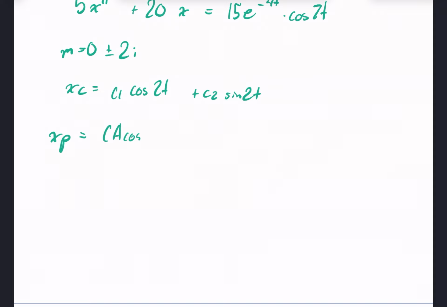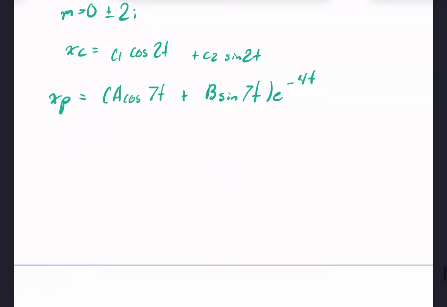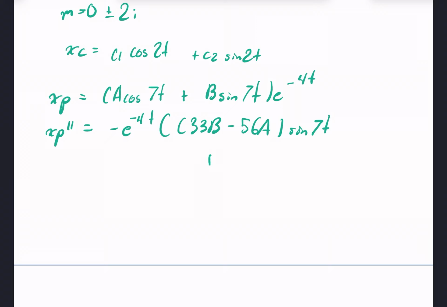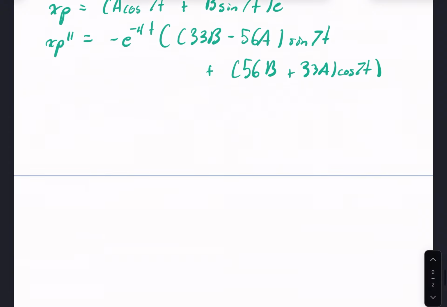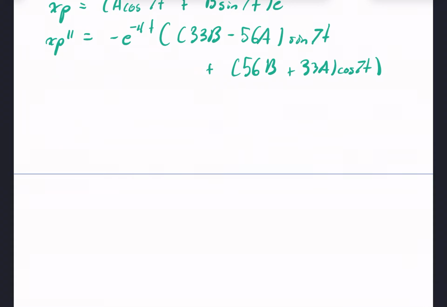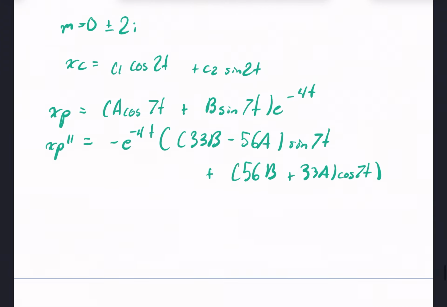Please know that I tried to do this by hand a few times, and it's just so annoying, and it's not worthy of your time, at least right now, for the sake of the video. And so this is what you'll get after you put this into some software, and I'm writing it exactly how they write it. Sine 7t, and then we have plus 56b plus 33a cos 7t. Cool. So you know that you're going to plug this in.